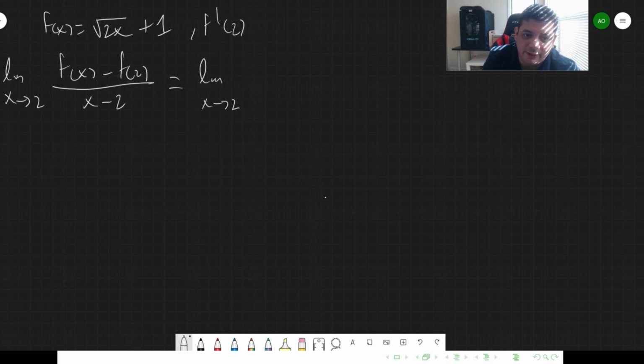So f of x is going to be square root of 2x plus 1 minus f of 2. And f of 2 clearly is the square root of 4, which is 2, plus 1, so it's going to be 3. And x minus 2. So clearly the issue is that we have an x minus 2 here. And this is not going to go well because it goes to 0. So we need to do something else.